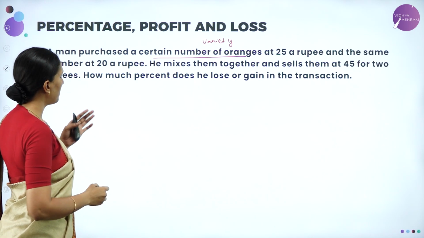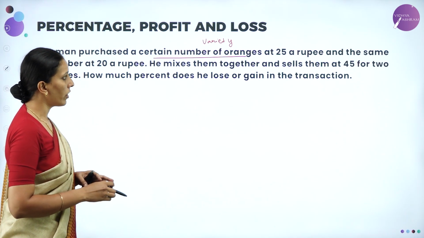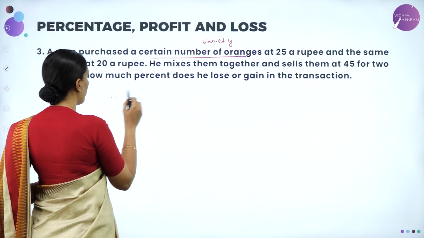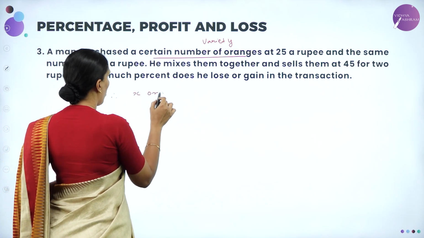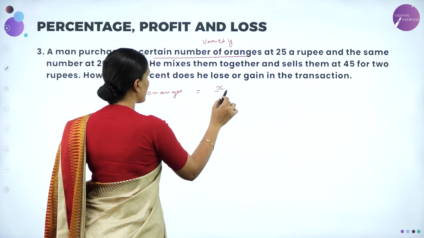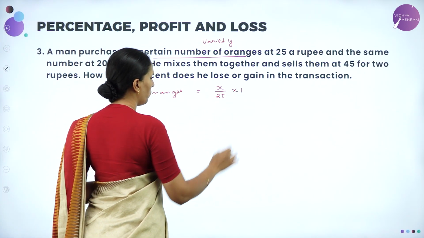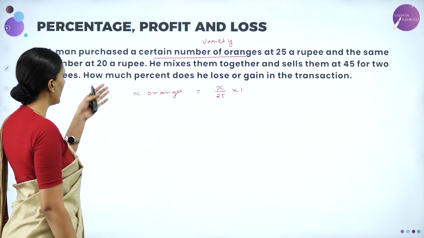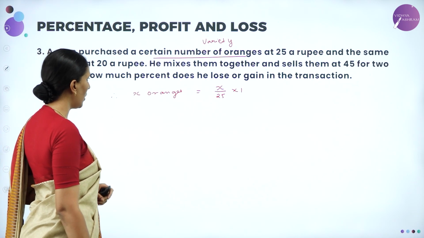So here a man purchases a certain number of oranges at 25 per rupee. So therefore, for X oranges, the cost will be X by 25 into 1. Again, the same number of oranges will be taken at 20 per rupee.